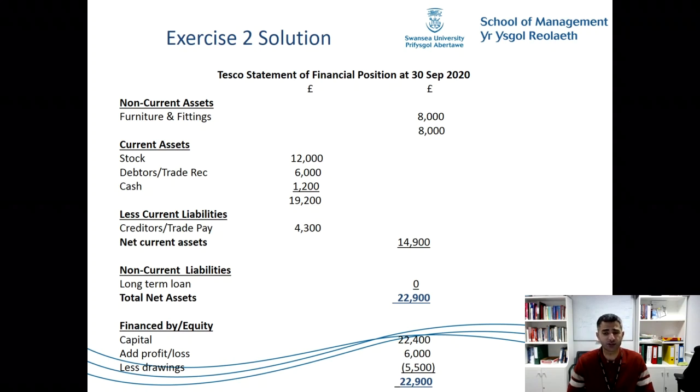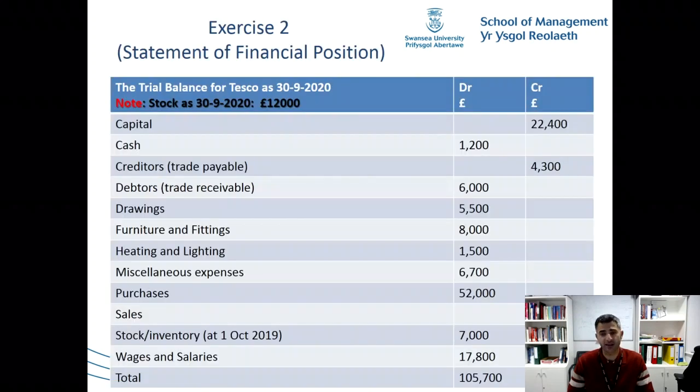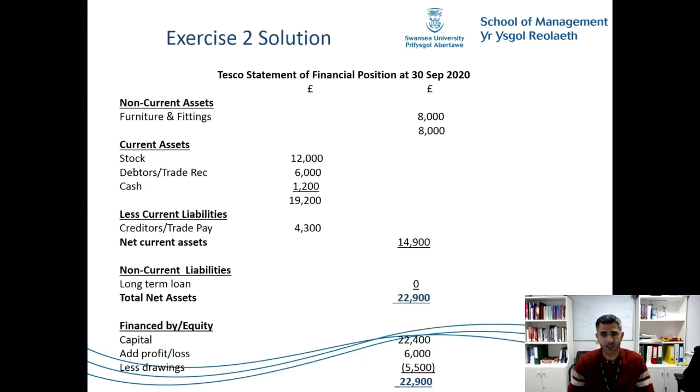And lastly, you need to deduct the drawings, £5,500, and this again comes from the question. So 22,900 is the total equity. As you see, the equation is balanced. Net assets equal total equity. And this is the statement of financial position.